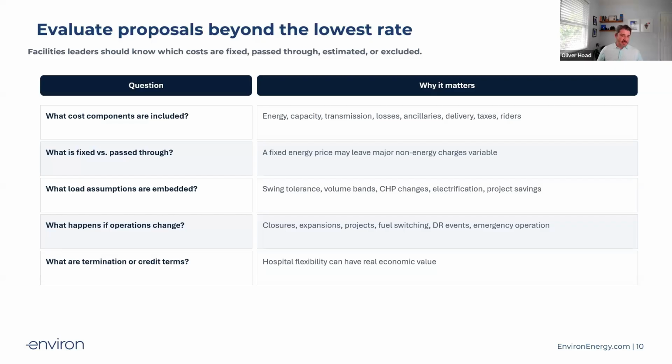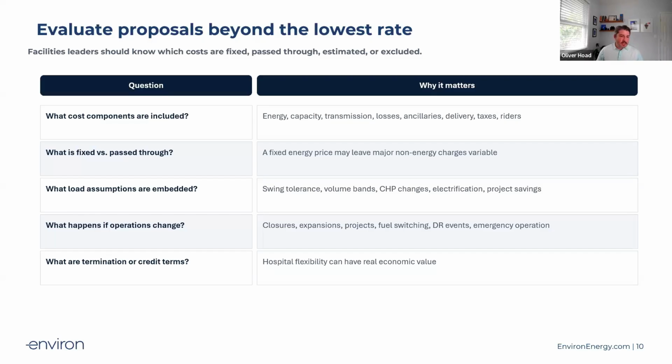If you fixed your capacity or transmission or your demand-based charges and you're implementing efficiency or other projects to lower your demand or usage, you won't actually realize that gain if you fix them. So often passing them through is the appropriate strategy in contracts.